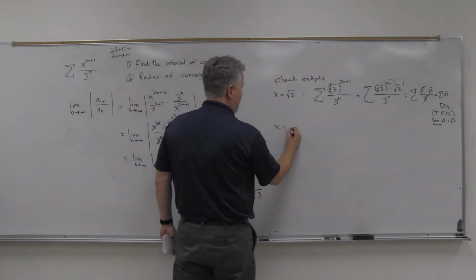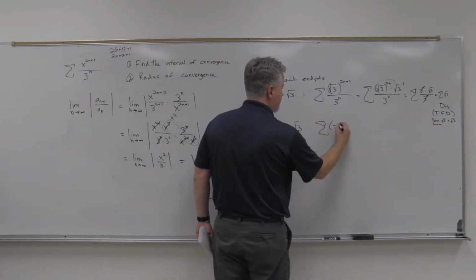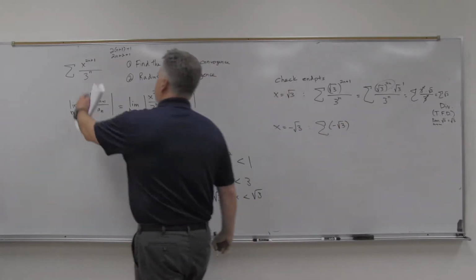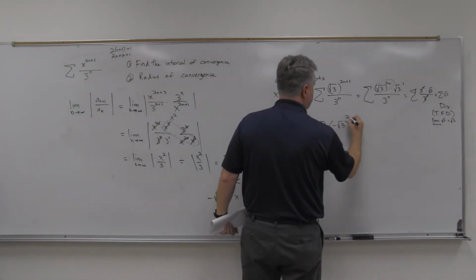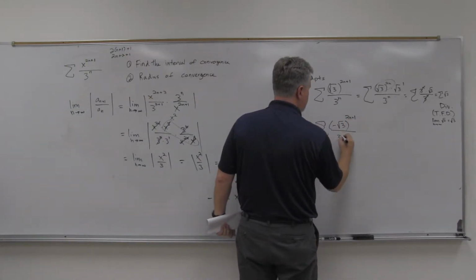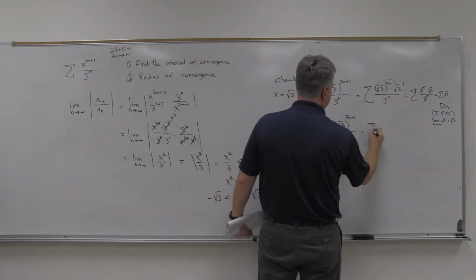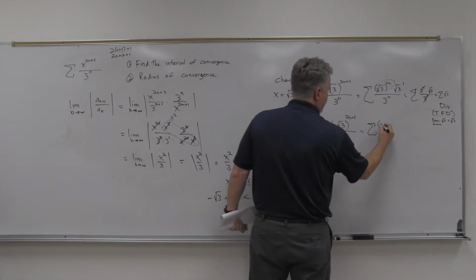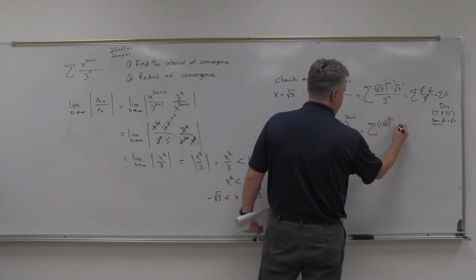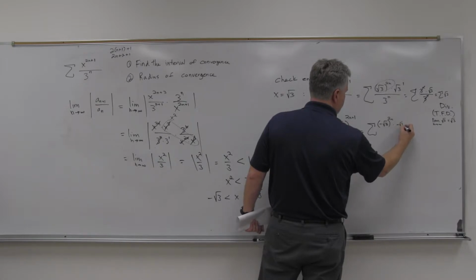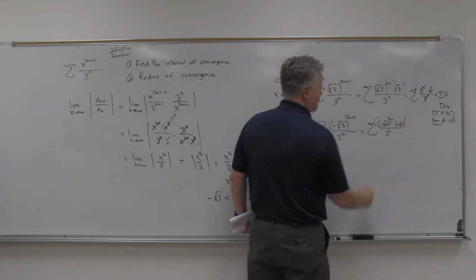I think a similar thing happens on the negative square root of 3, right? We plug in negative square root of 3 for the x. Yeah, because you get the same exact thing. You get the negative square root of 3, but that's still 3 to the n, isn't it?